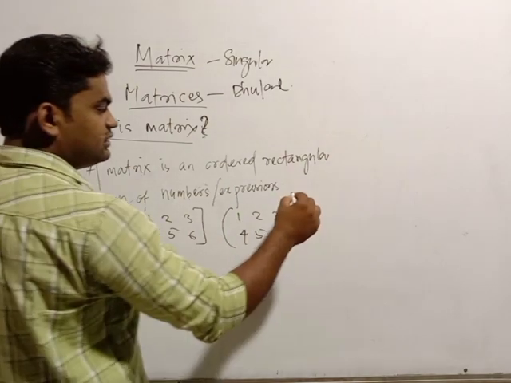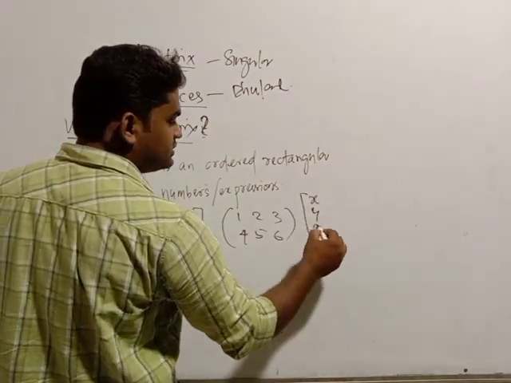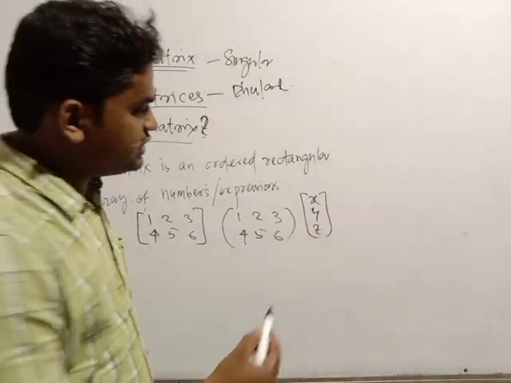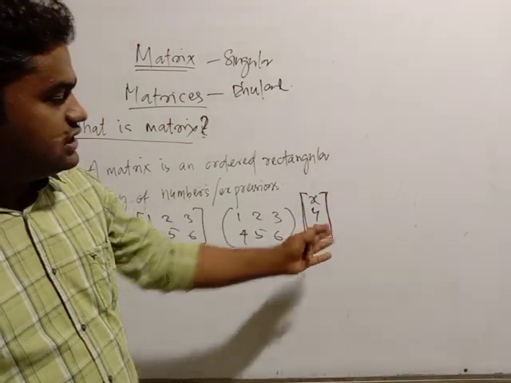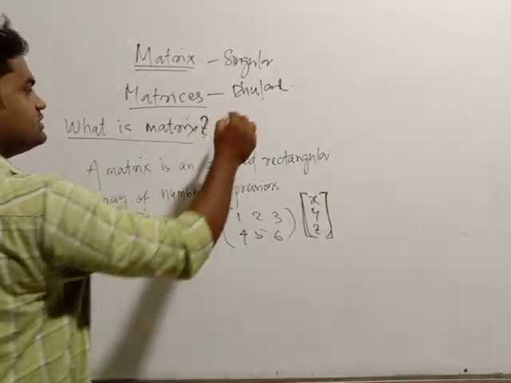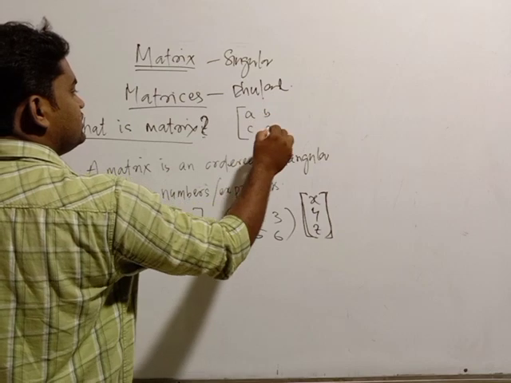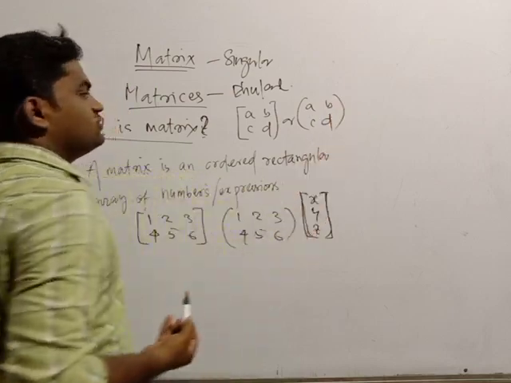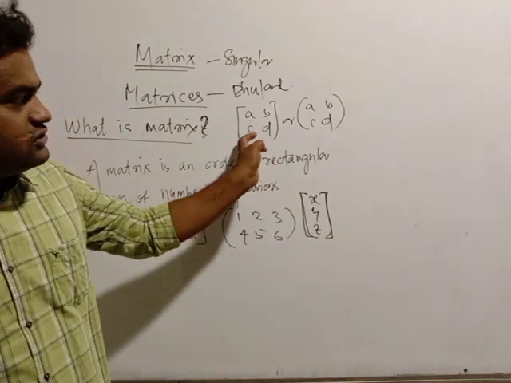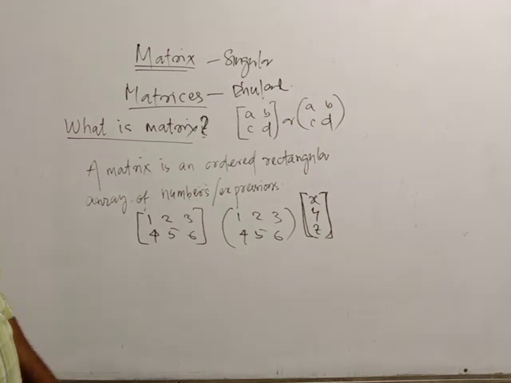If we write x, y, z in a rectangular manner, this is also called a matrix. If we write A, B, C, D, this is also in a rectangular form, so this is also called a matrix. So simply, a matrix is a rectangular array of elements, array of numbers or expressions.